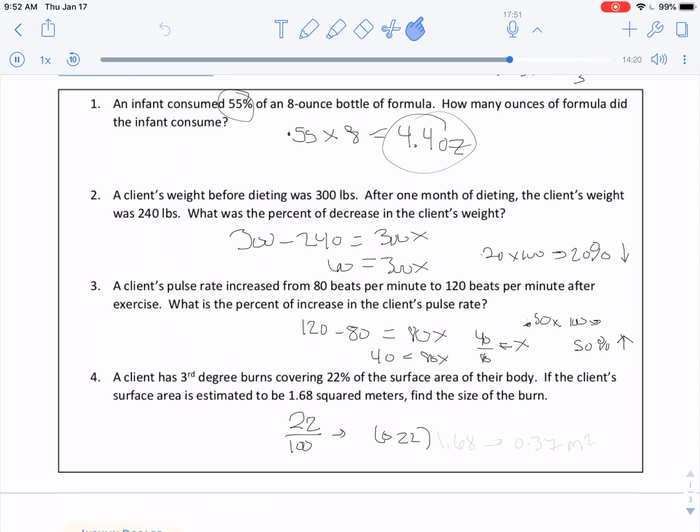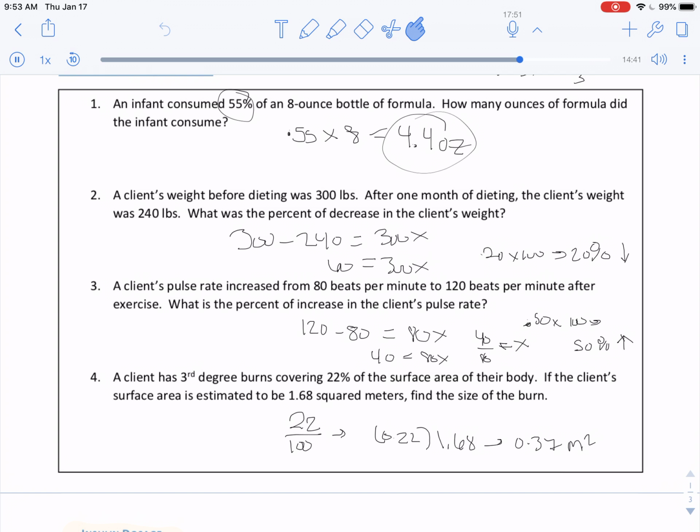Then multiplying by the estimated amount, 1.68 square meters, to get us 0.37 meters squared, since you multiply the units together, which is the size of the burn.